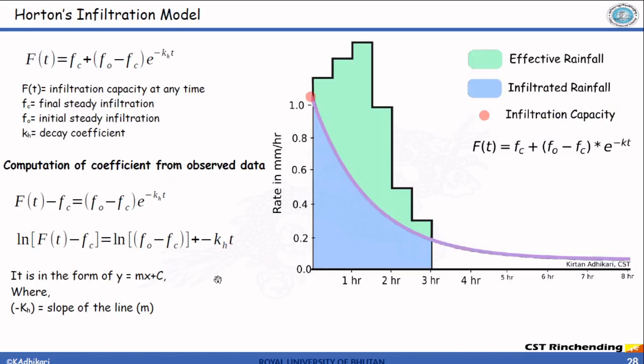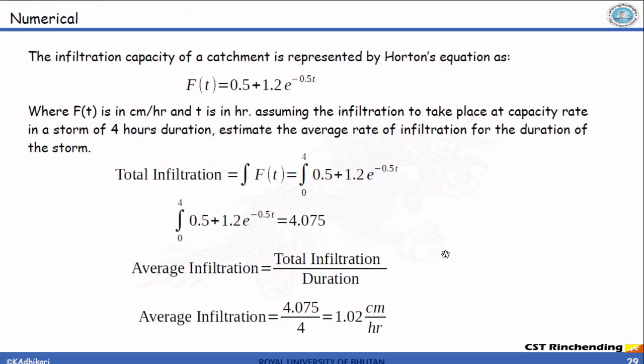So to find the total infiltration, we integrate this from 0 to 4 hours. In the question it says the storm lasted for 4 hours. So we integrate this equation from 0 to 4 hours, and then divide it by the total duration. So let's integrate this.